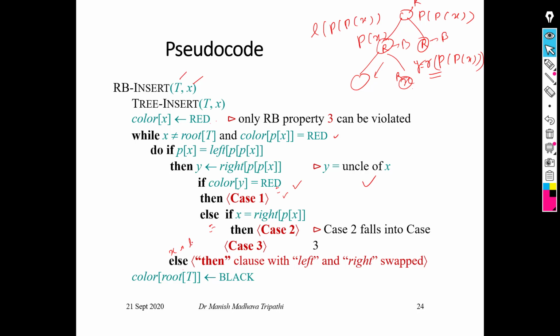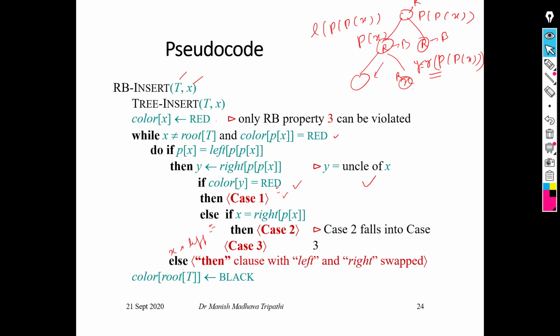So what we do here, if x is the left child of its parent, is simply rotate the parent with respect to its grandparent and recolor the parent and grandparent again.